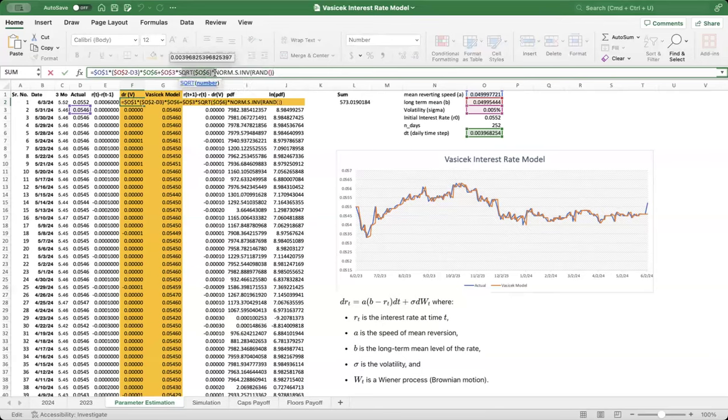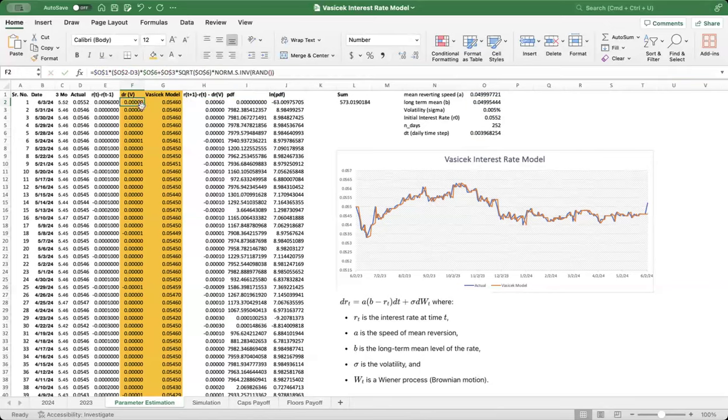So the square root of time is the square root of dt, and norm.s.inv(rand) generates a random number from a normal distribution. This is what makes our equation stochastic, or random. So this is the dr, the change in interest rate using the Vasicek model.